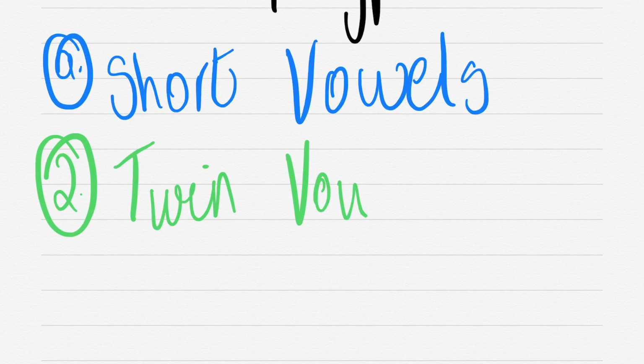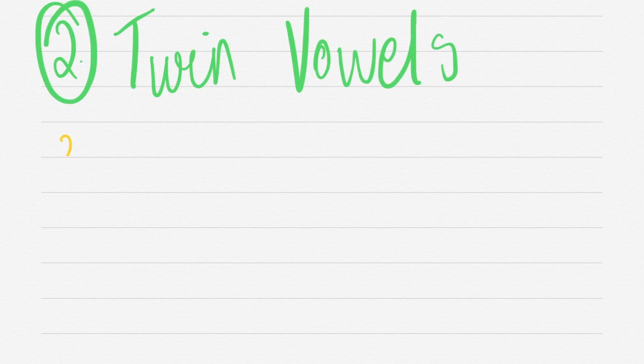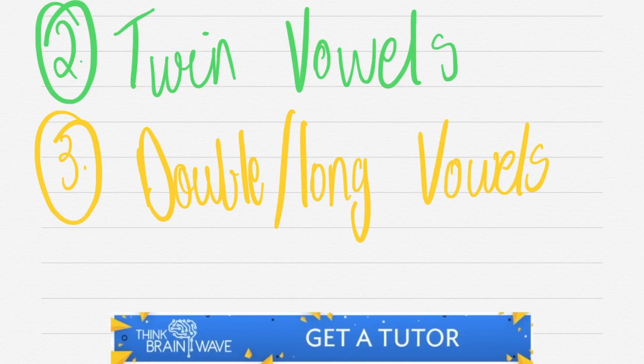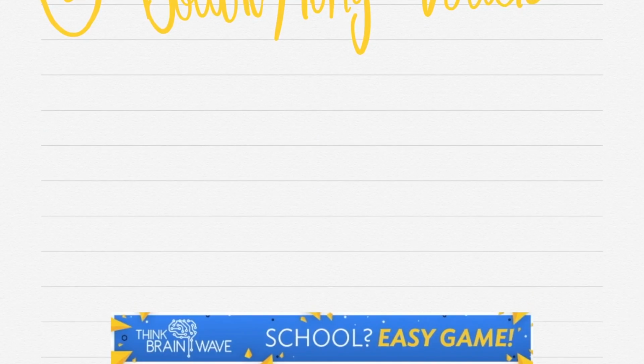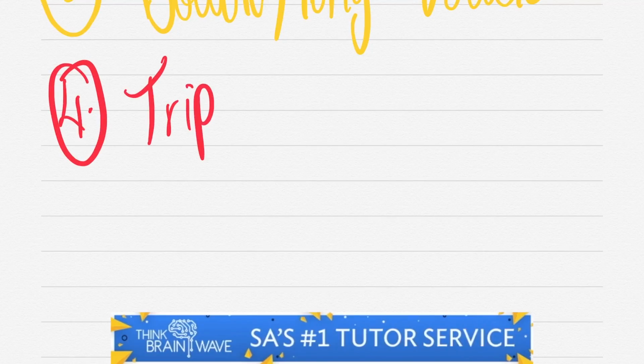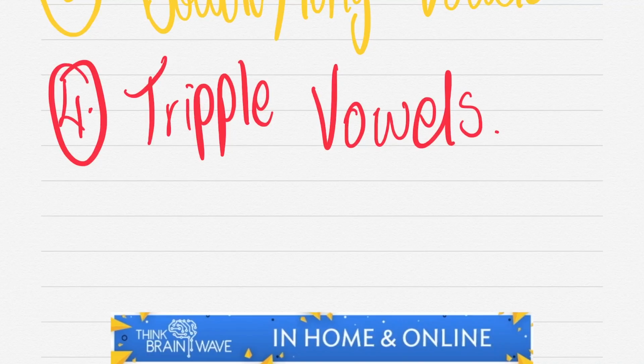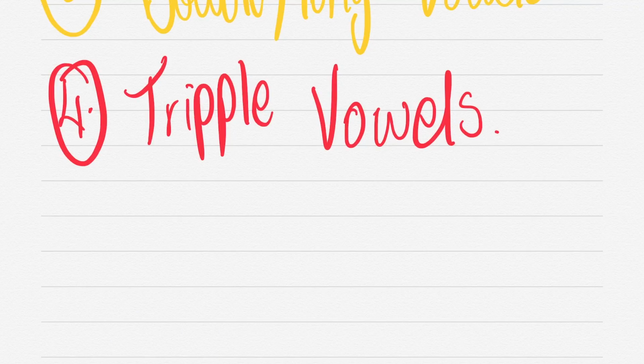In this video, we'll be discussing short vowels, twin vowels, double vowels or long vowels, and lastly, triple vowels. These might sound like arbitrary terms to you, but don't worry. Throughout the video, you will learn exactly what I'm talking about.